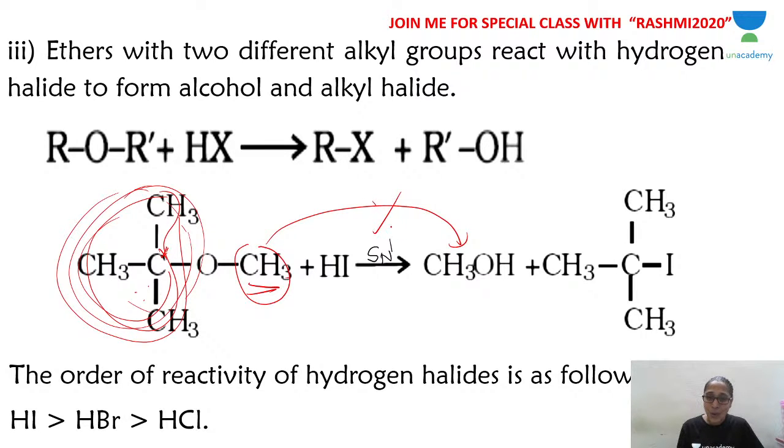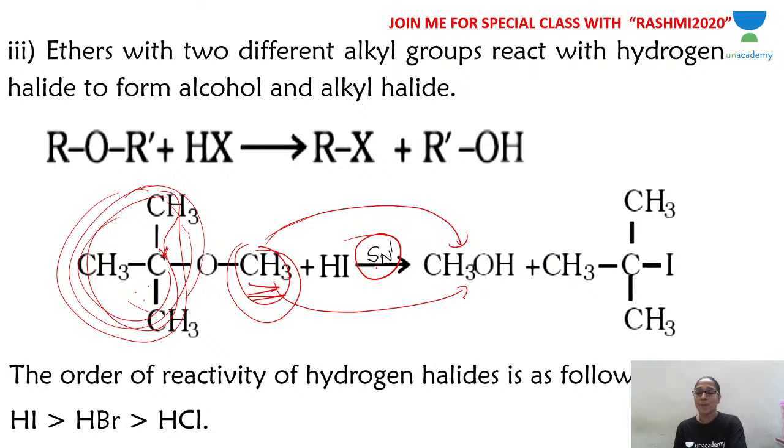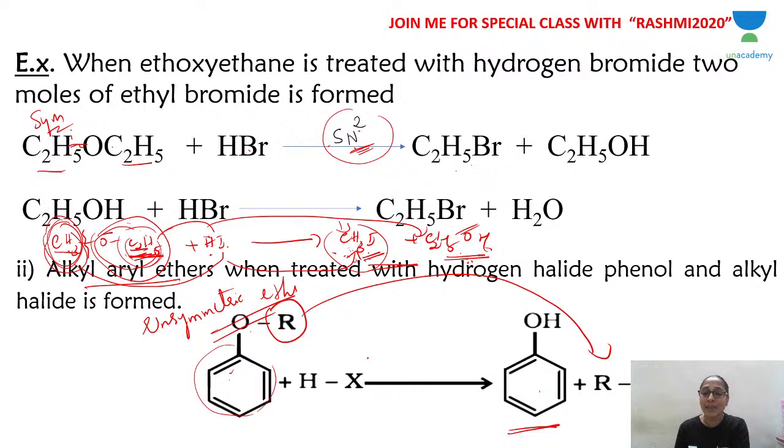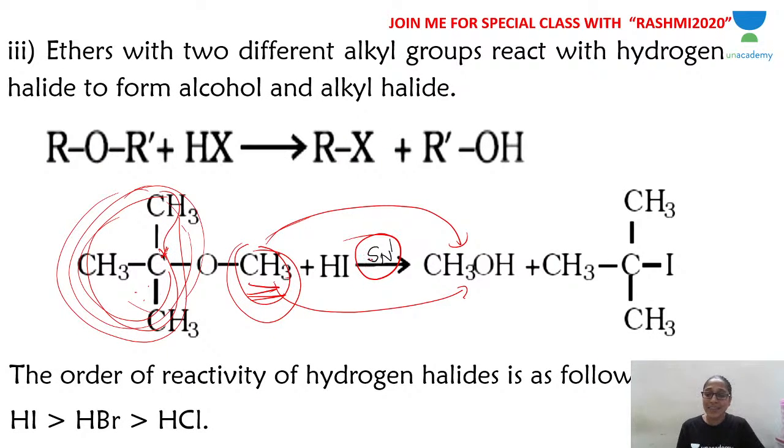See? No. In this case, the smaller alkyl group will give you alcohol, because the SN1 mechanism is followed. Till here it is SN2 mechanism, whereas here it is SN1 mechanism, because you have a tertiary carbocation. When the oxygen-carbon bond breaks, oxygen being more electronegative takes the electron, so it becomes O minus and the carbon becomes plus.